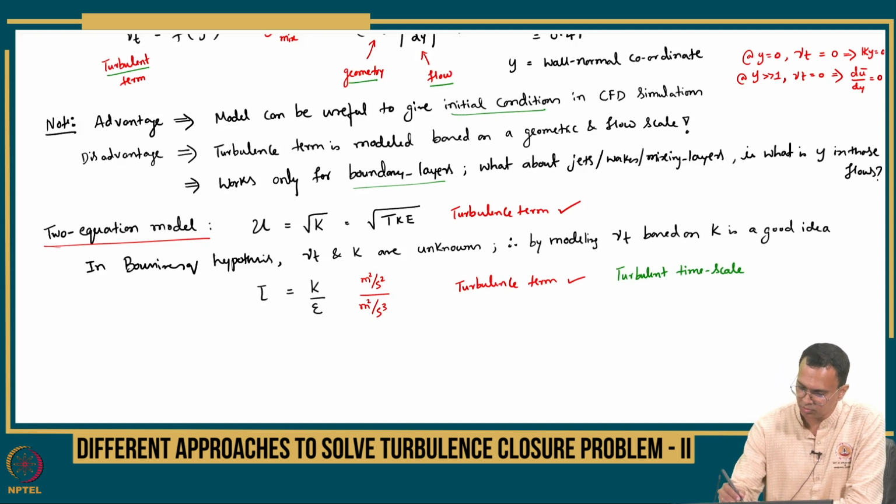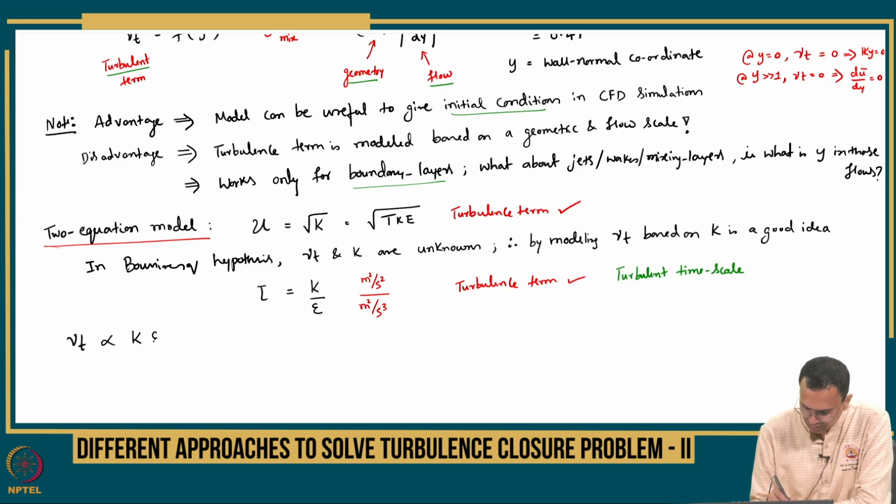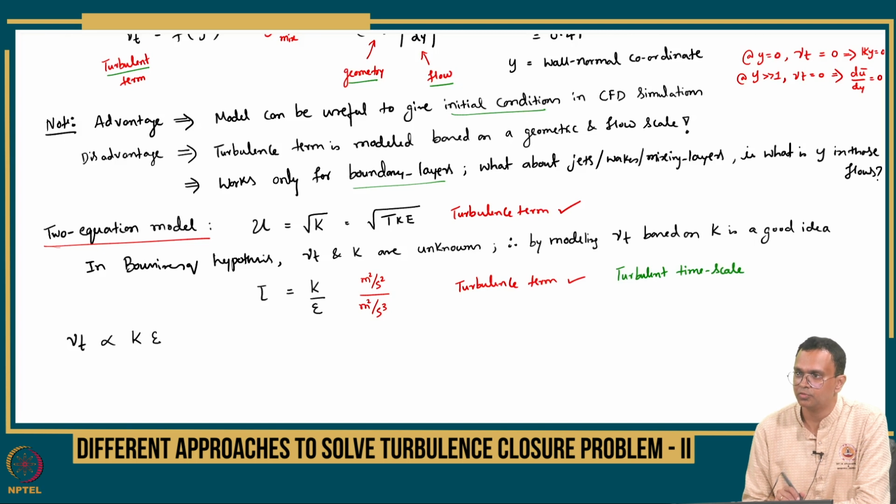Now if I use these two, I can construct nu-t. I want nu-t to be a function of k and epsilon. This forms the basis of what are called k-epsilon models, under the class of eddy viscosity models, a 2-equation problem.